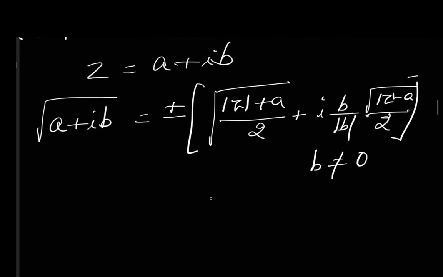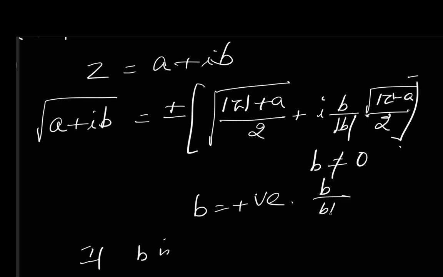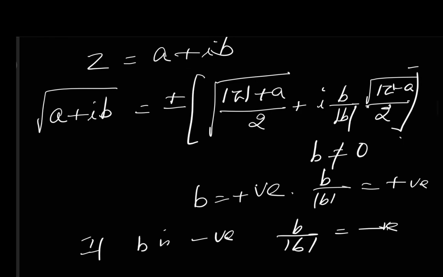And one more condition: if b is positive, you will get this one. If b is negative, b by modulus b you have to substitute as negative, minus sign. That you must remember.